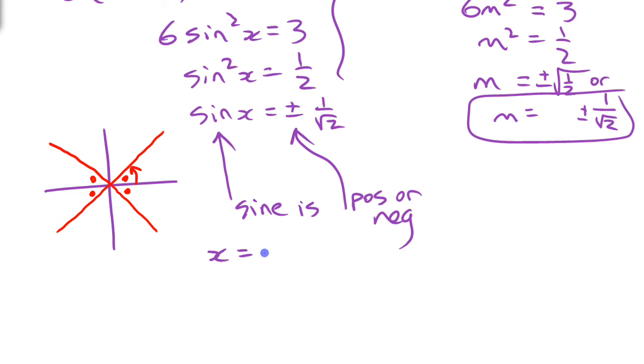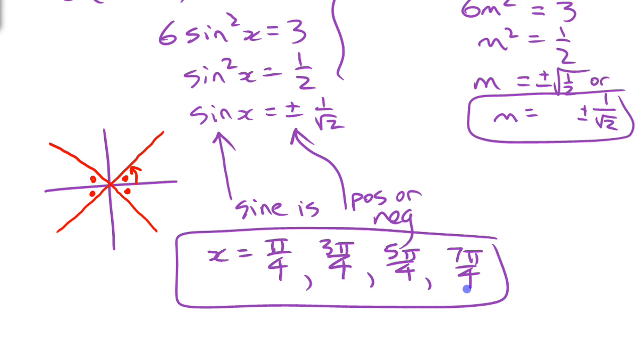Those solutions are pi over 4, the reference angle; 3 pi over 4, because it's pi minus the reference angle; 5 pi over 4, which is pi plus the reference angle; and 7 pi over 4, which is 2 pi minus the reference angle. There are 4 solutions there, one in each quadrant. So that plus or minus is really important to notice as you're solving.